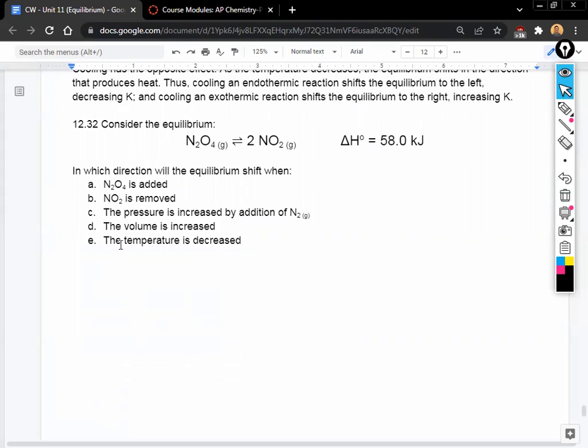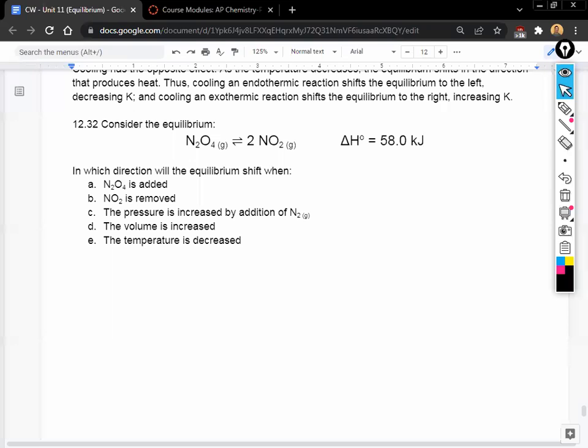There are five different things that could happen to this equilibrium, and I want you to tell me which direction the equilibrium will shift depending on these changes. Try to write a short sentence explaining why. That'll help your understanding as well. We'll go over this one, take a quick break, and then get into the last section of this unit, and we'll be done with unit 11.